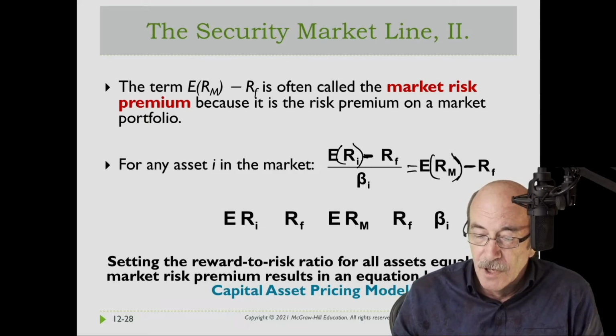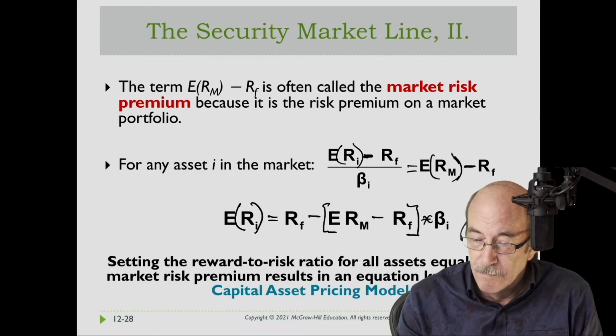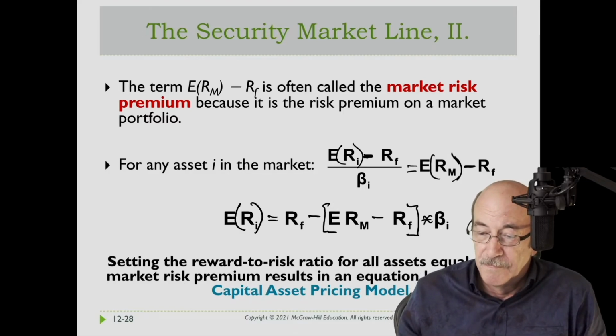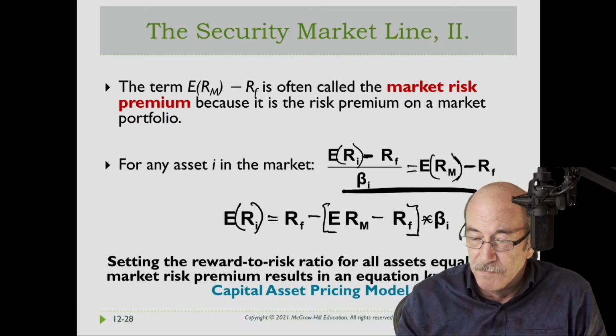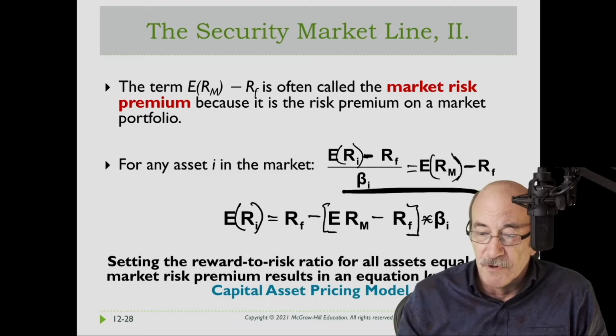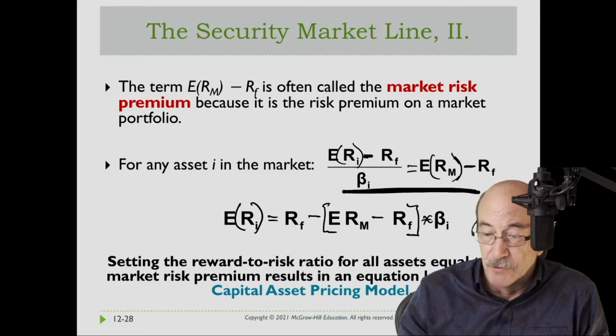All right. We do a little bit of rearranging of our terms, and we end up with that. I'm not going to go through the algebra, but what we've done is we've taken this equality, which we just proved was true, right?